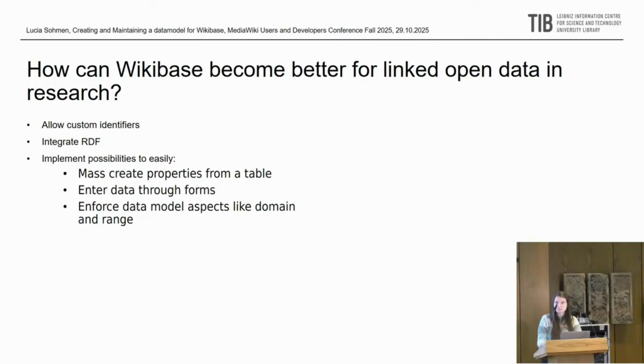And maybe if you create formal data models, you can put in aspects like domain and range, which means if I have a property, what can it be used for? So what entity can it be used for, and what value can it have? But this isn't enforced in Wikibase, and that would be great to have just for data quality control.